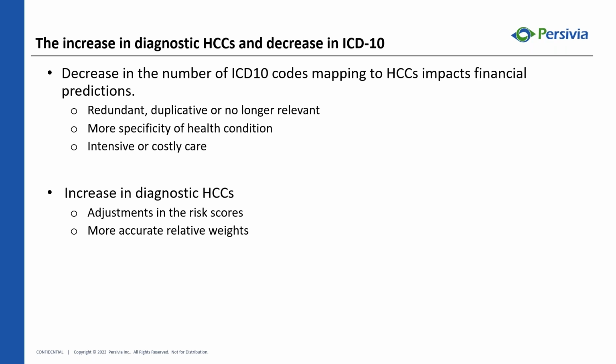And also, by eliminating lesser used ICD-10 codes, we can get precise HCCs that reflect possible changes to physician coding patterns for efficiency and accurate medical coding. Ultimately, this results in adjustments in risk scores, which in turn affect the financial calculations and payments.